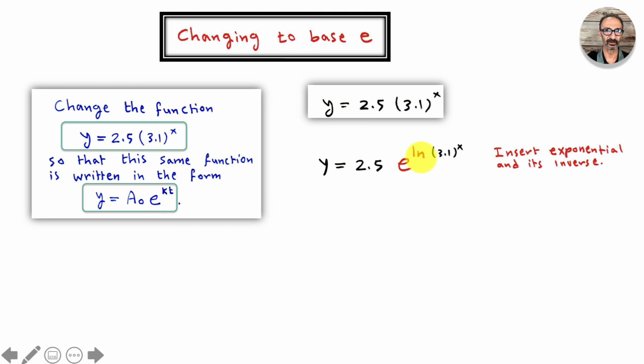They're inverses of each other. If you cancel them, you go back here. So you could call it a trick, you could call it skills, but that's a good way to do it. We're inserting exponential, base e, and its inverse, which is natural log.